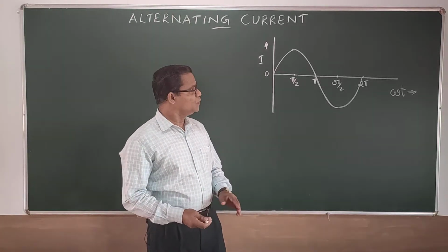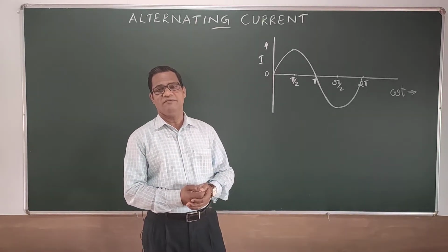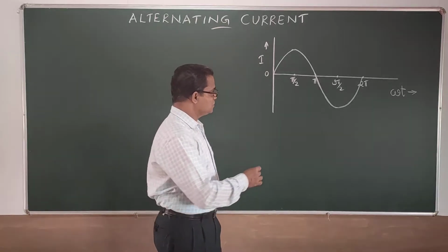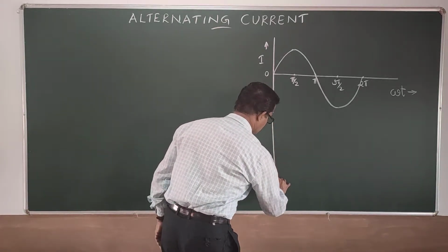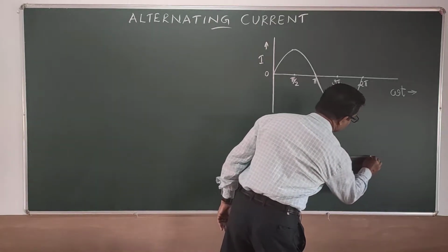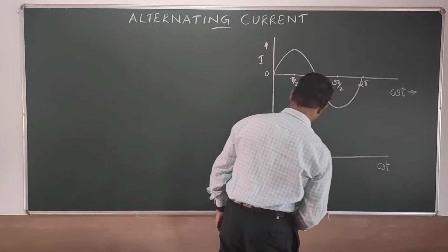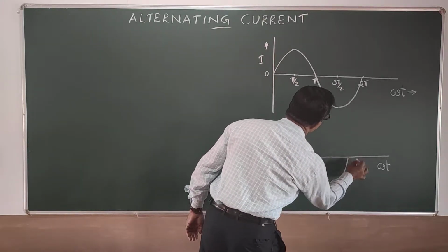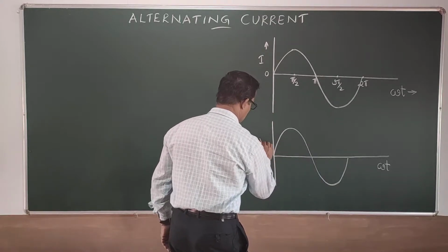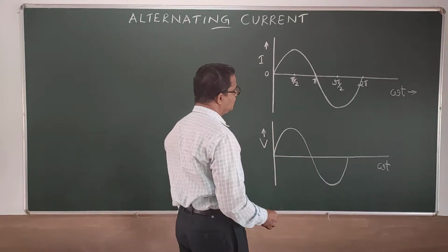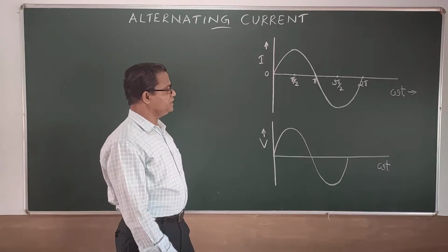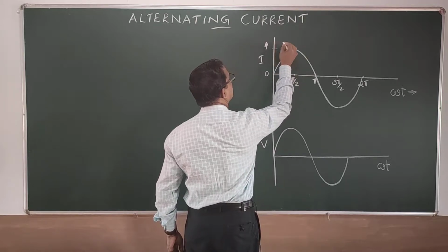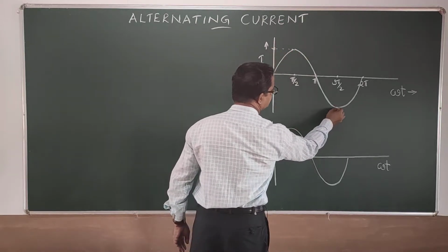And of course, if there is an alternating current, there will be an alternating voltage to supply it. So alternating voltage can also be represented like this, in the form of a sine wave. Then for this alternating voltage and alternating current, we will have a peak value for the current.